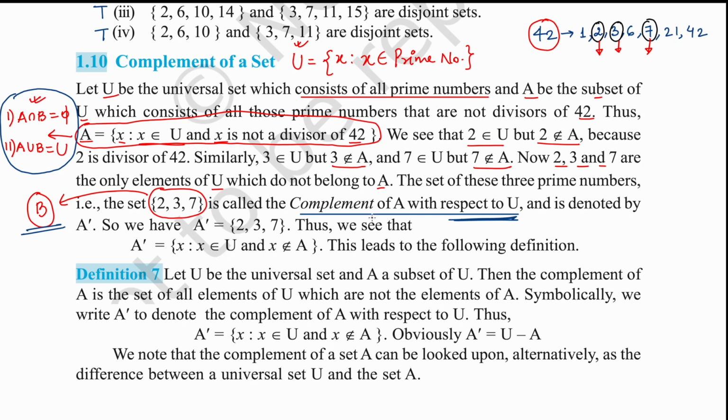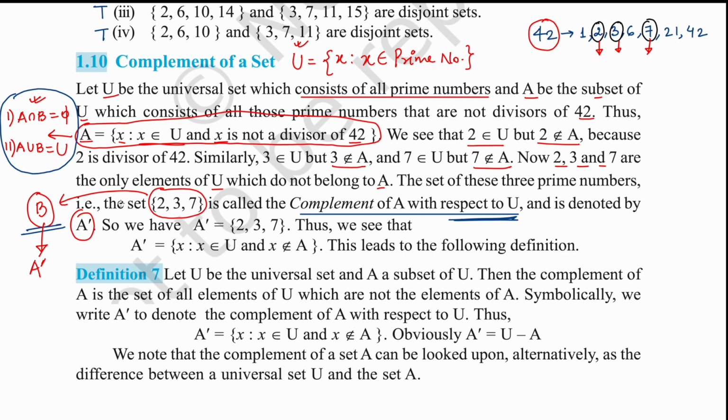And this complement of a set is usually denoted by A dash. That means we denote the complement of the set A as A dash. So whenever you see A dash written, you have to be very clear in your mind that this is nothing but the complement of the set A, right?